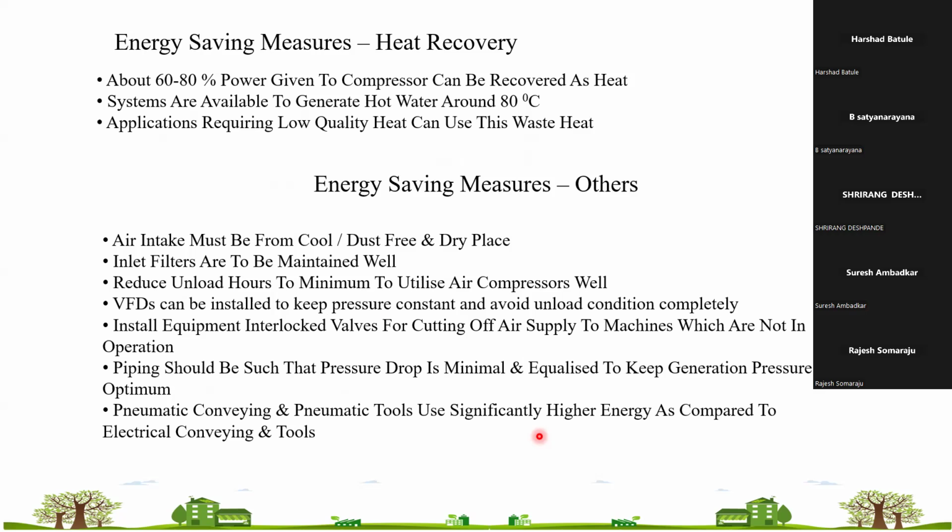For that variable drive, you need to give your pressure feedback. Let's say at a given point of time your plant needs 6 bar. If we are allowing 6 bar as the load or unload pressure, that will be the feedback. If the plant requires it, you generate 6 bar, you have enough buffer, so you can reduce the speed of your motor, and that reduced speed will consume less power than your unload.